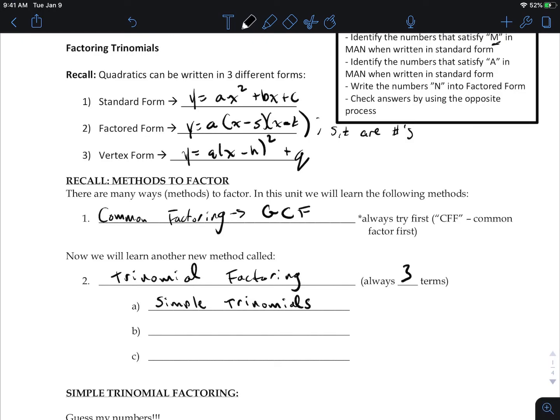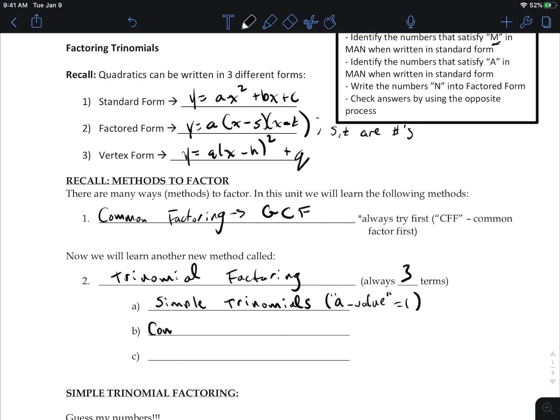That's when the a value equals 1, right? Then probably tomorrow we'll concentrate on the other 2. I'll write down their formal name first.